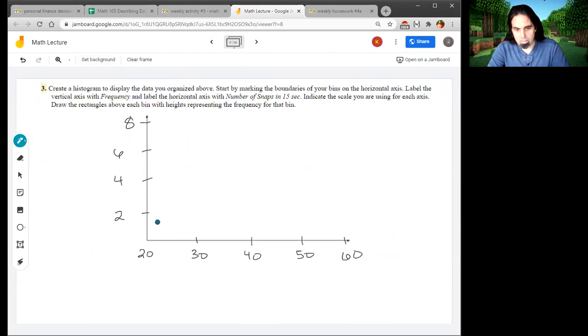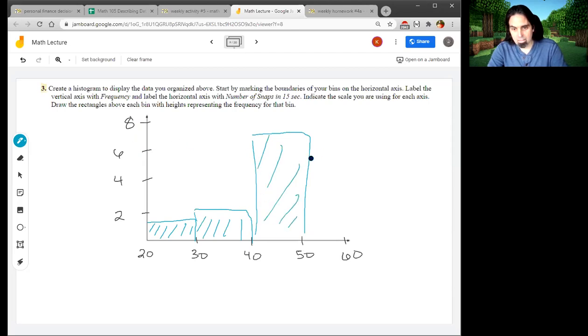So 1, 2, 7, and 6. I might even want to label them just to make it a little clearer because my artwork is terrible.